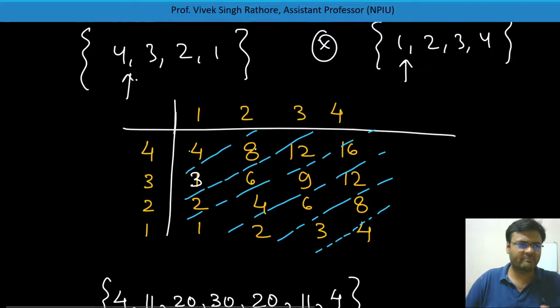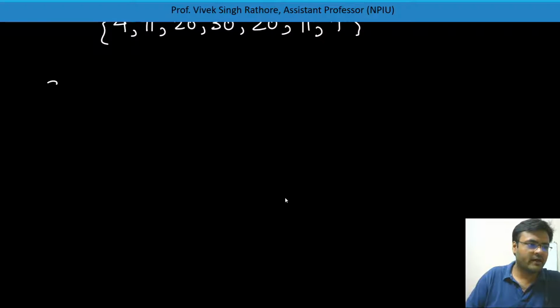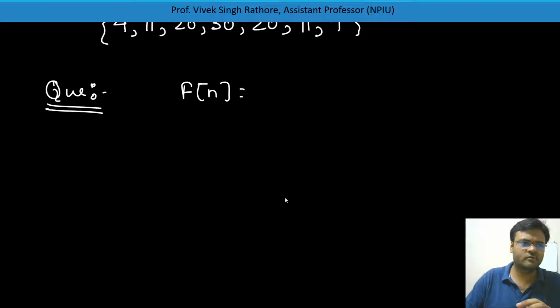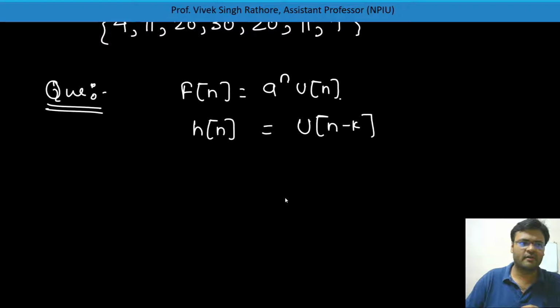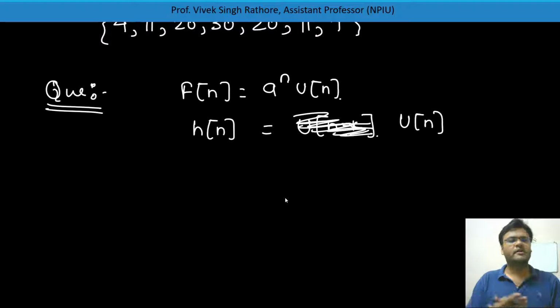Seeing the sample and discrete values, let's look at a signal of the form a^n u(n). The question: the input is f(n) equal to a^n u(n), and the impulse response is u(n). I'll take u(n) only, not u(n minus k), because we'll do that afterwards. So a^n u(n) is the input and u(n) is the impulse response. Now you need to calculate the output.